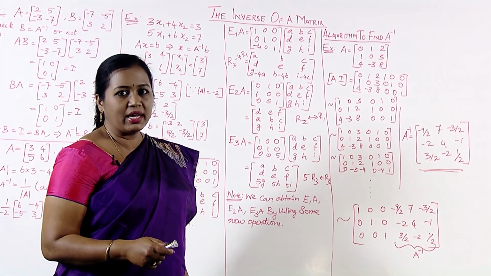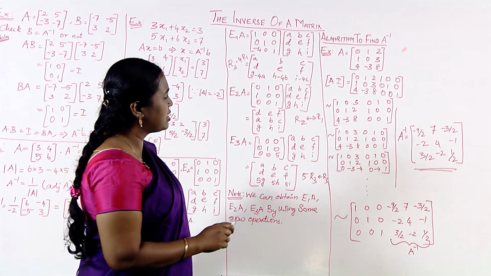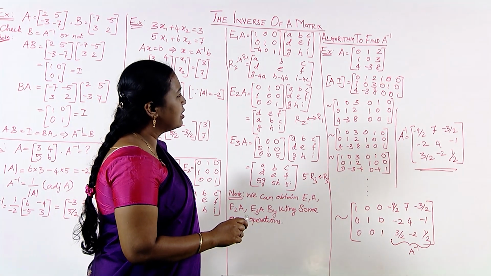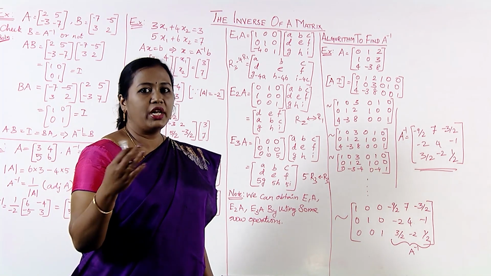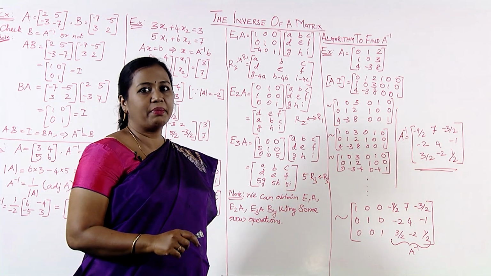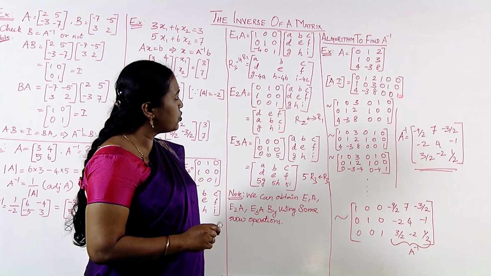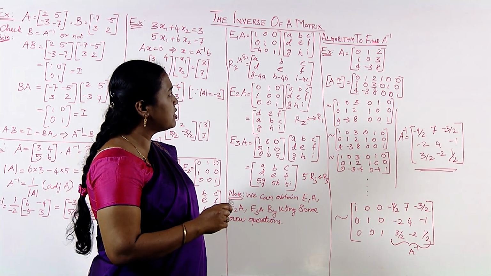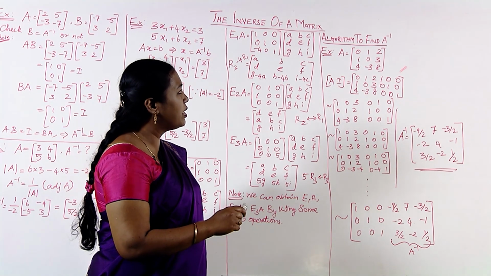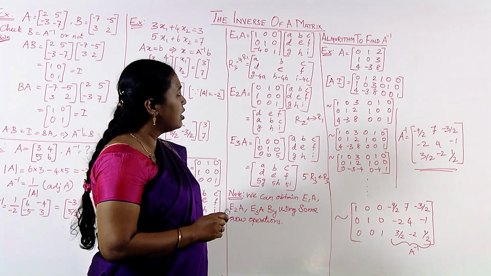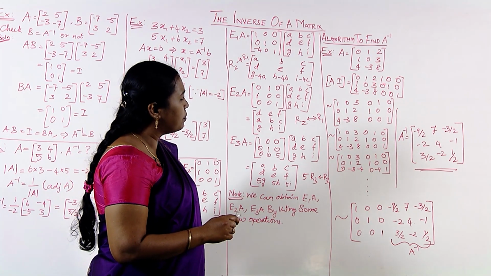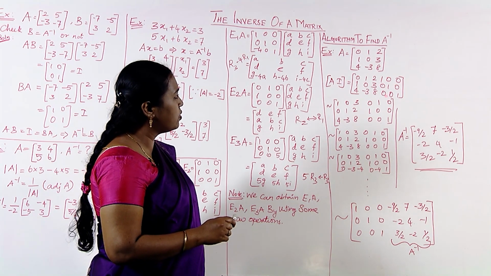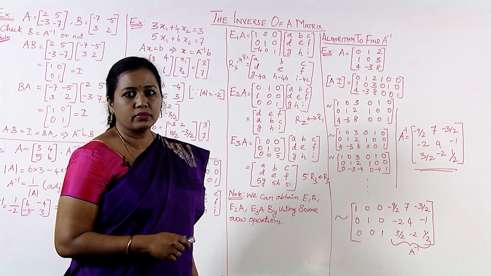The augmented matrix is not a big deal. Suppose you have a 3 cross 3 matrix, you need to take the 3 cross 3 identity matrix and augment it to your original matrix. So, this was a 3 cross 3 matrix. Now, it has become a 3 cross 6 matrix because I have augmented it with 1 0 0, 0 1 0, 0 0 1, right.